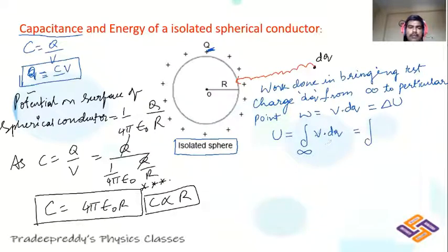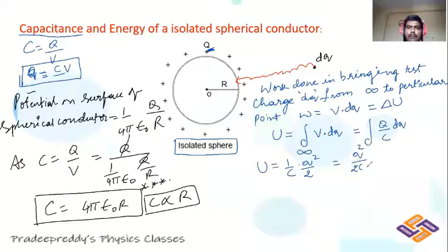What is V? V can be written as Q divided by C, into dq, right? Now this 1 by C you can take as a constant. U is equal to 1 by C integration Q dq. It is Q square divided by 2. So you are getting the equation Q square divided by 2C.